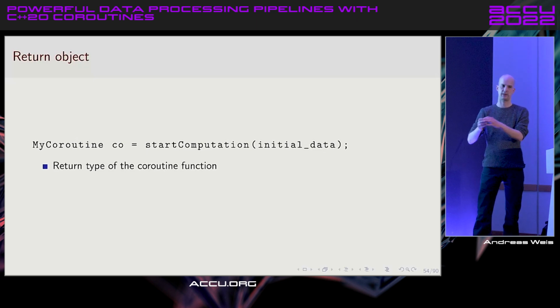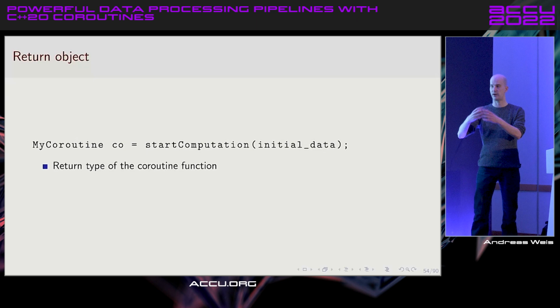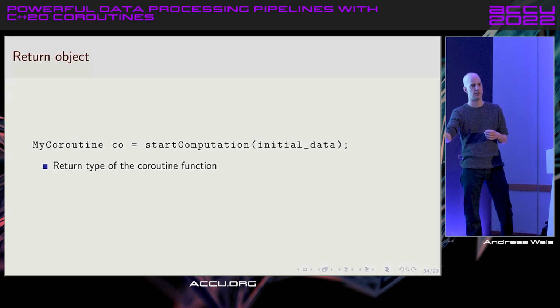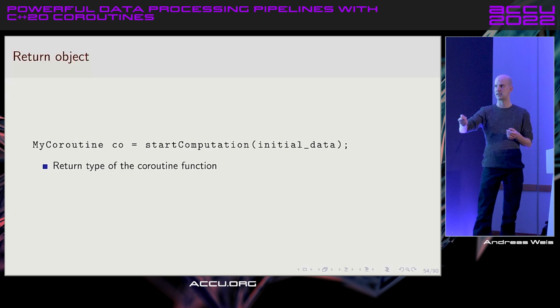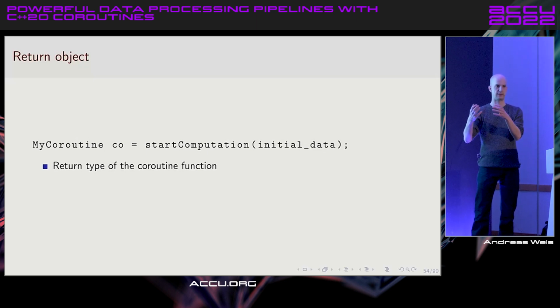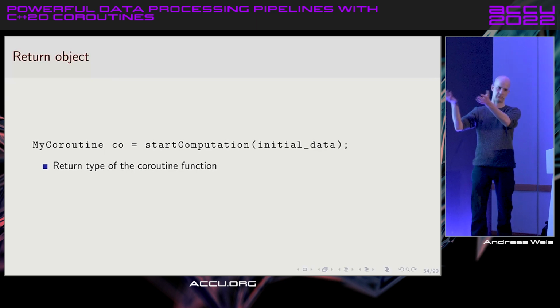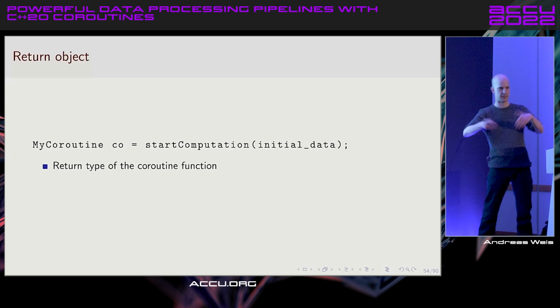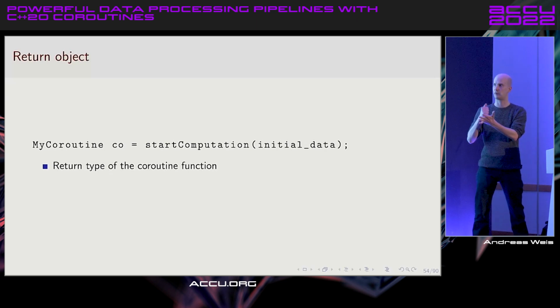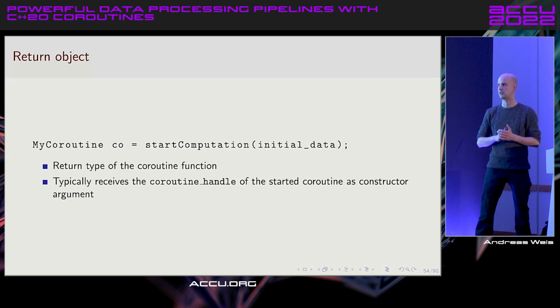This is necessary because the function may be suspended at some point in execution, and then this suspended state of the function lives somewhere, right? So it needs to be represented in some form to the caller so that it can later resume this execution, or store it somewhere or whatever. But I need to return something that represents the state of the function in case that it goes into suspension.